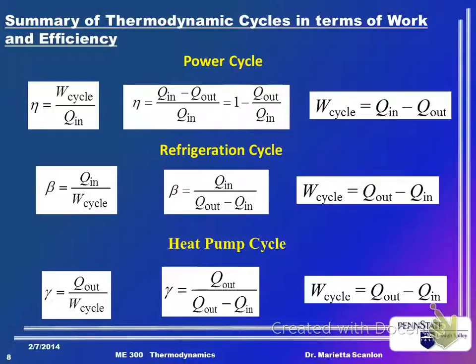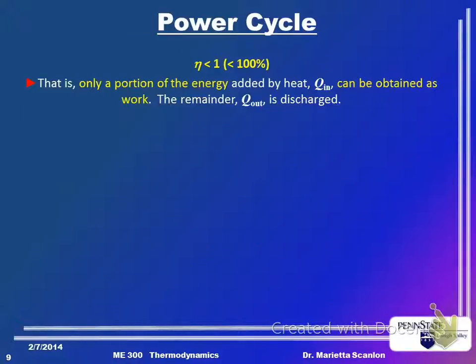So efficiency of a power cycle will always be less than 1, or less than 100%. Usually efficiency is reported as a percent, so 50% efficient.